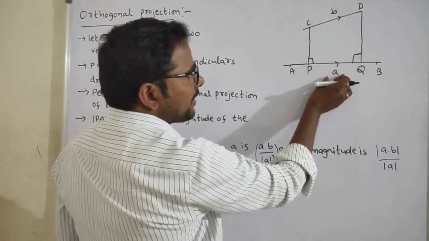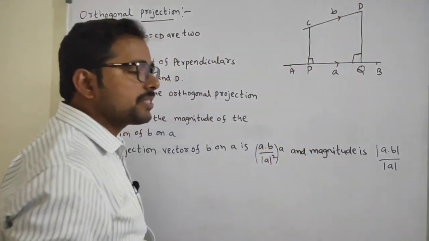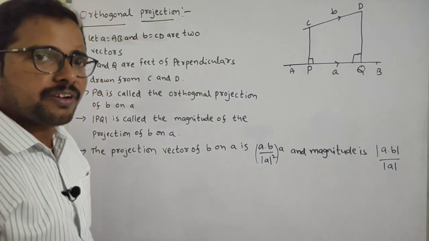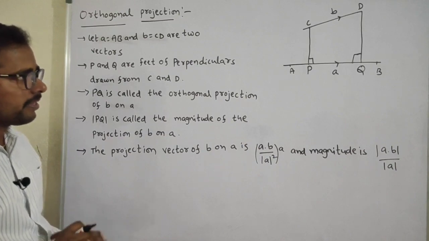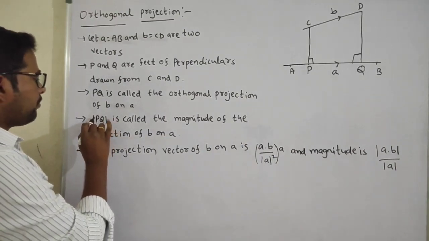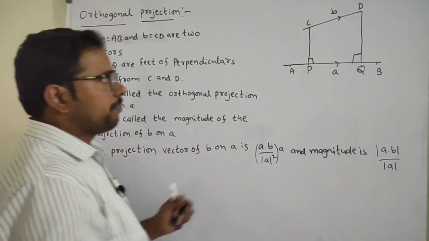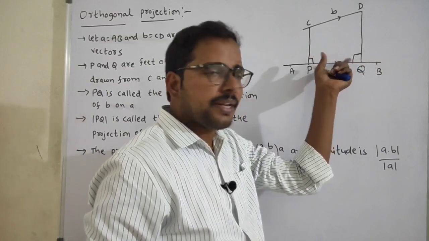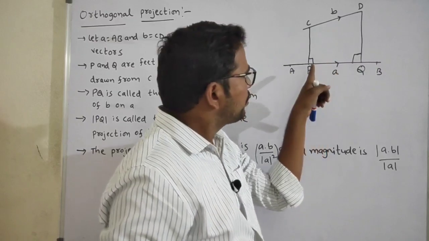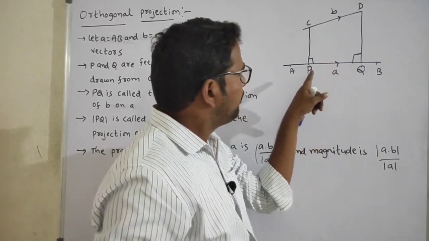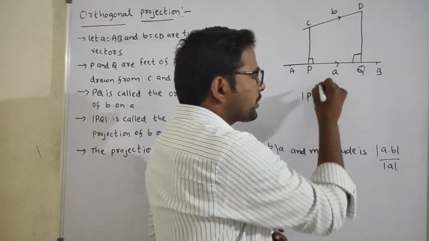So PQ lies on A. Therefore this is the projection of B on A. PQ is called the orthogonal projection of B on A. Simply, we think of orthogonal projection as projection.